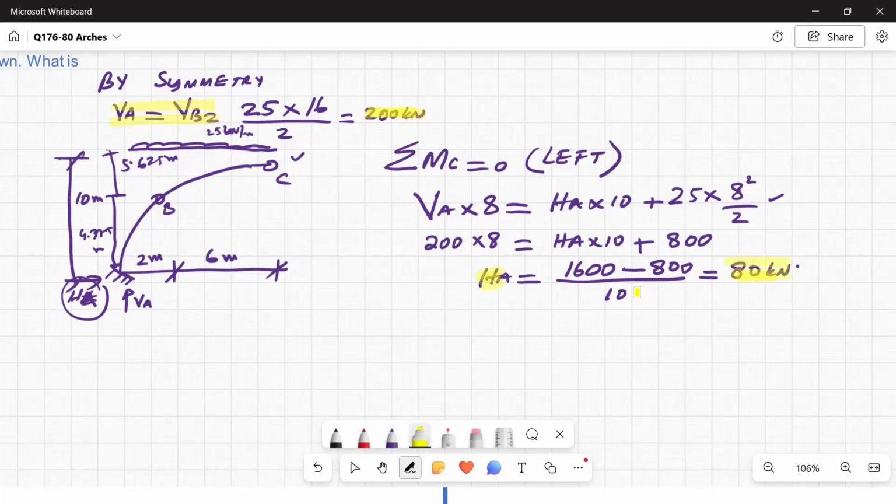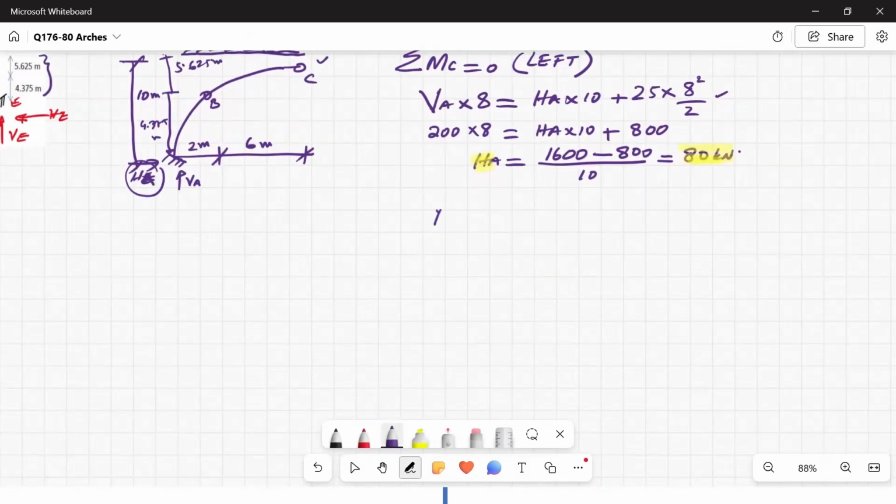So bending moment at a springing point, let's find out. So BM at a springing point B, this is X is equal to 2 meters from left.